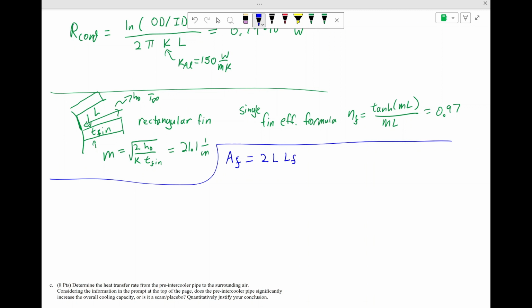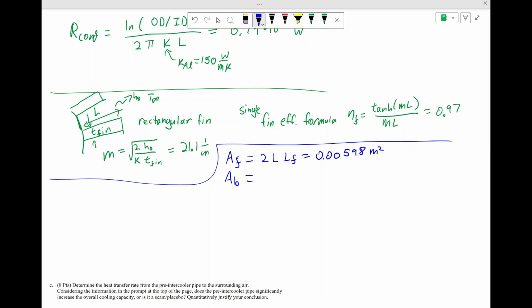So essentially these are rectangles and we're not accounting for the ends or the tips, so we're just approximating it as a two-sided rectangle that is, we said like 200 some millimeters long, and these individual fins are coming off a bit. So that for each fin is going to be 0.00598 meters squared. We have the base area, which is the area of the outside surface of that cylinder that's not covered by the fins.